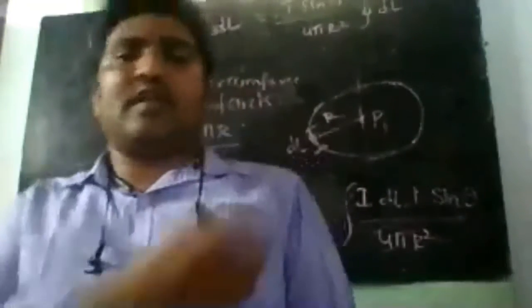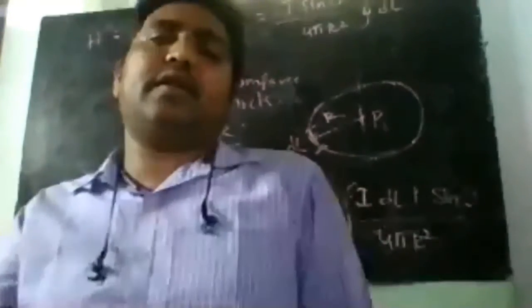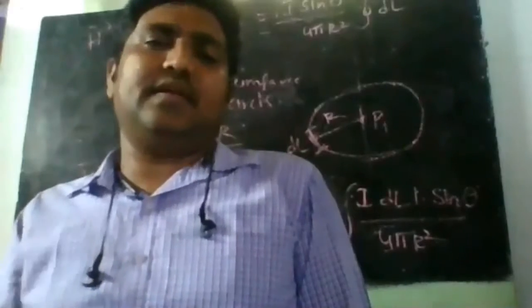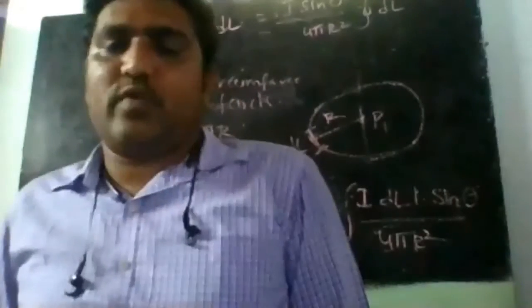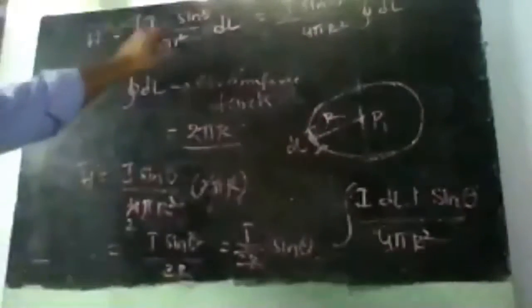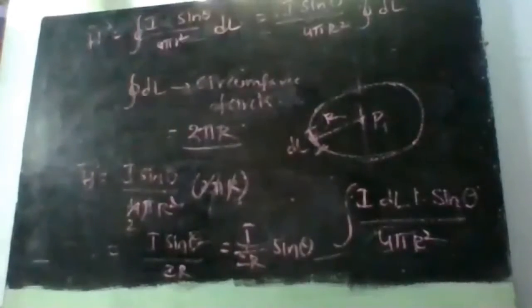So we get idl into modulus of ar into sin theta. Modulus of ar is 1, so idl sin theta divided by 4 pi r square. Now what is the variable of integration? Here the variable of integration is dl. We have to integrate this with respect to dl.